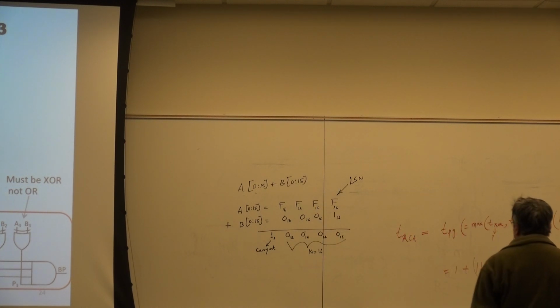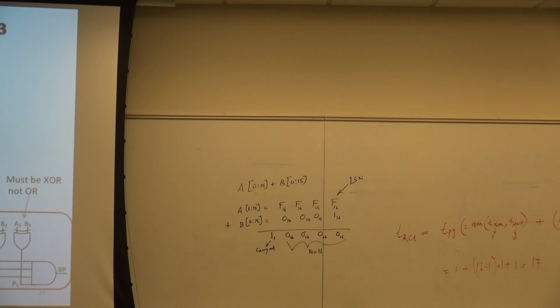So our idea will be: can we divide n into smaller chunks of m bits, and we'll be using RCA within the m bits. So we'll have essentially n by m RCAs of m bits. If I do that, then I can take care of this situation.